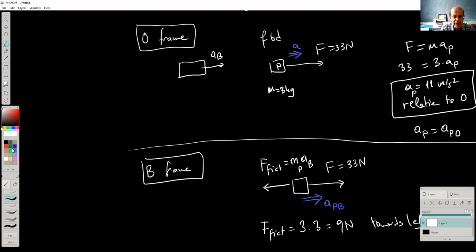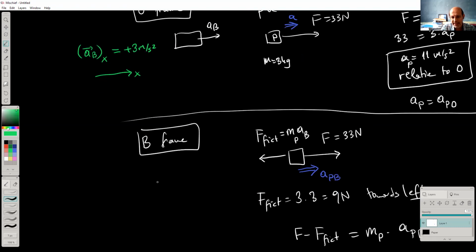So if I have chosen the x-axis like that, then the acceleration of the bus has an x component which is given by plus 3 meters per second squared, in which case this fictitious force, by using the same x-axis, would have a value which is minus mp times ab. So that's going to be equal to minus 9 newtons, right?